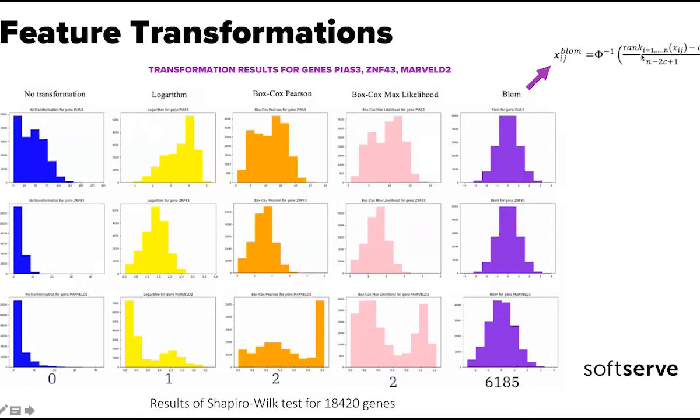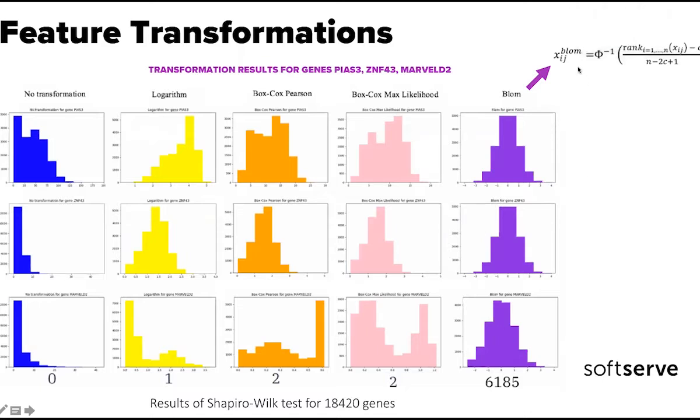normal transformation. And for the 3 random genes again, we can build the histograms and see how different they are for each of the transformations. And we can see, even from the pictures here, that the Blom transformation's histogram looks really like a normal distribution.